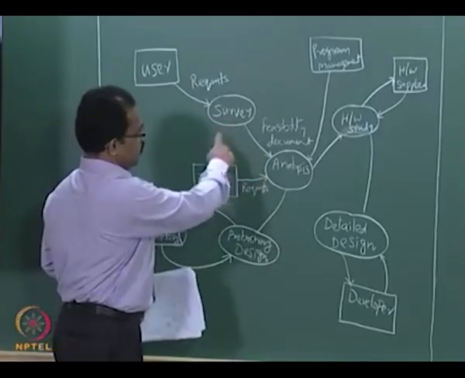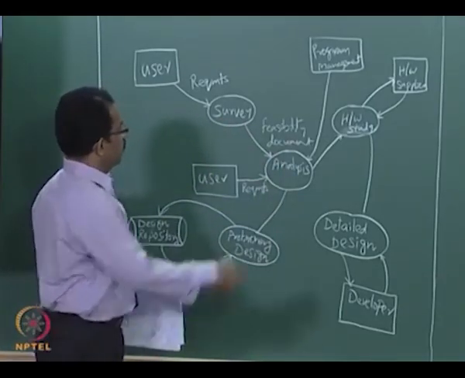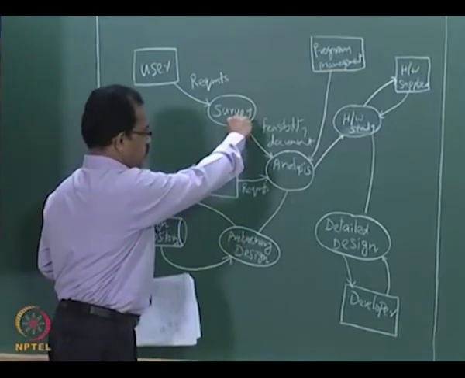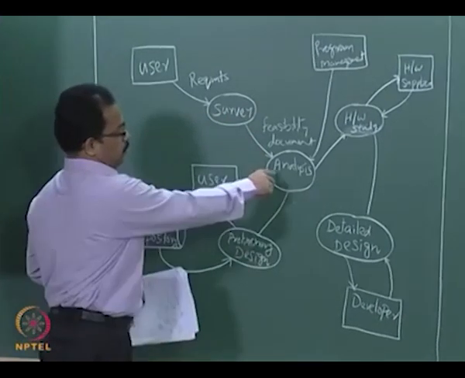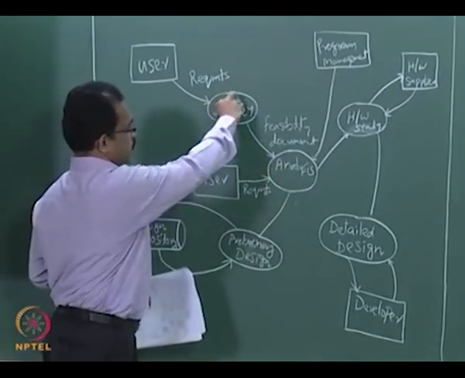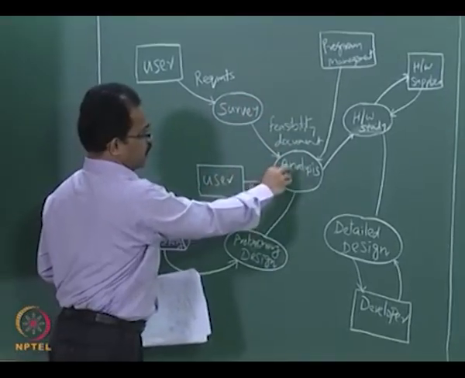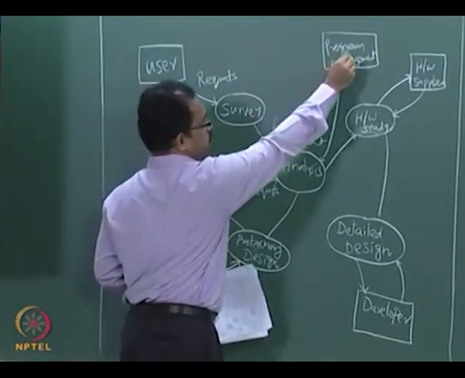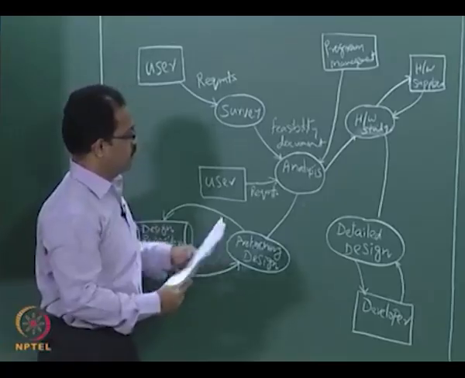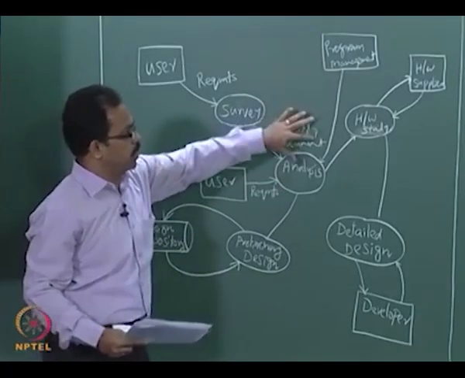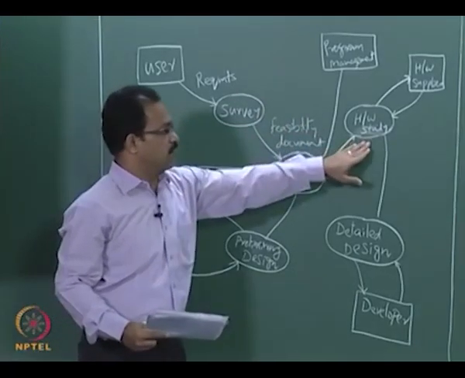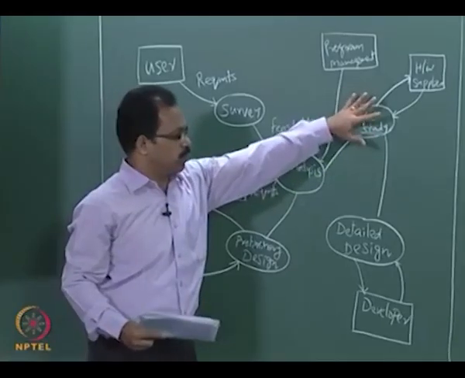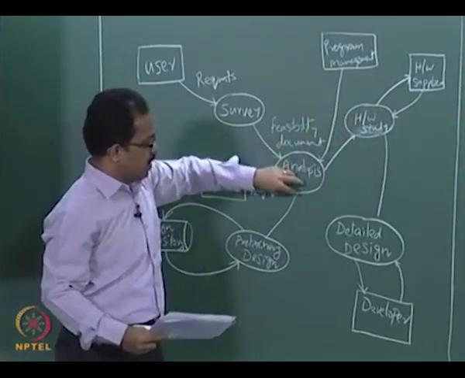You can see there is a lot of interaction with the other entities, and you can see the flow of data in this particular process. The survey data will be coming, the user requirements will be coming there. Similarly, the program management, the requirements of the top level management for that particular design, will be coming. Similarly, the details of the existing hardware and the hardware requirements will be interacting with the analysis team.